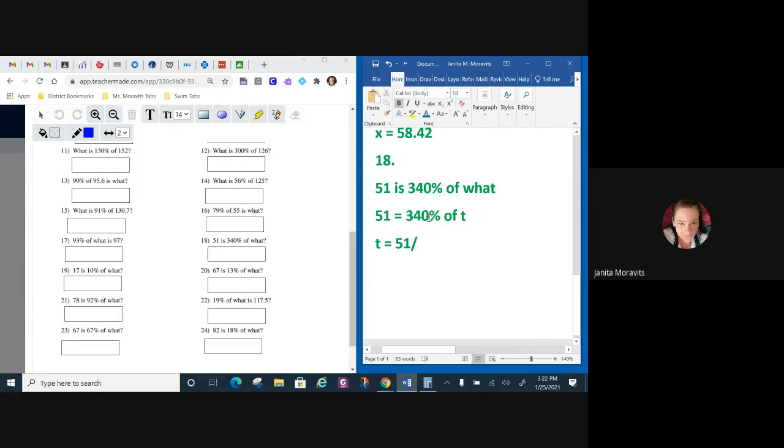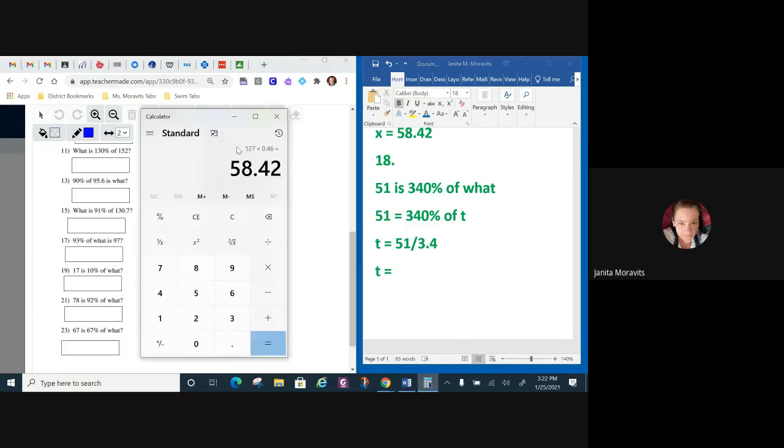We move our decimal 2 places to the left, 1, 2. So that would be 3.4. You can put the 0 on there if you want to, but you don't have to. So the total equals 51 divided by 3.4, which equals 15. So our total was actually 15.